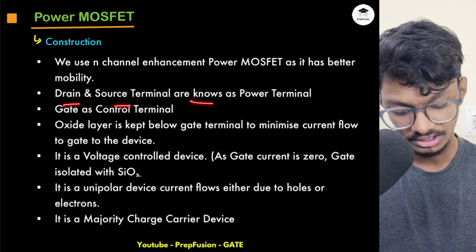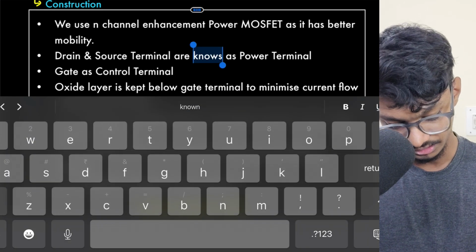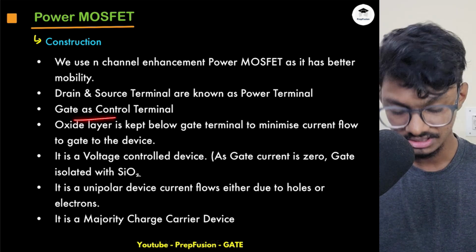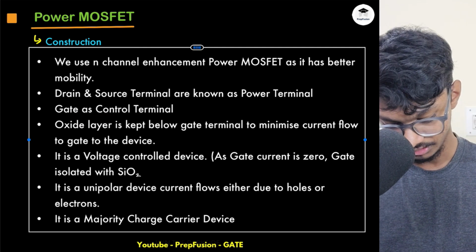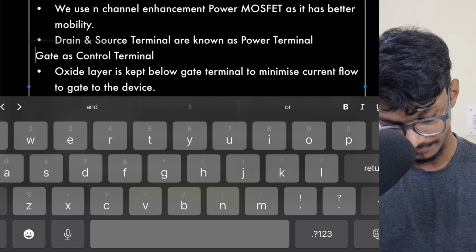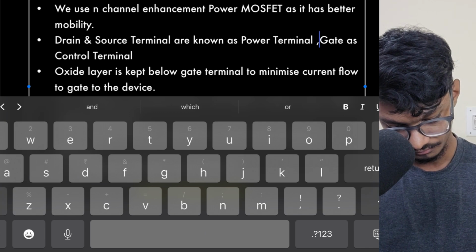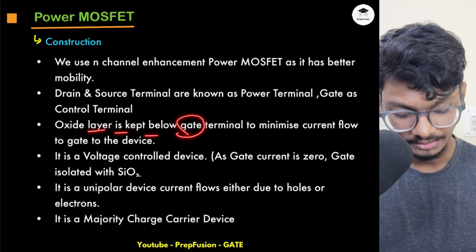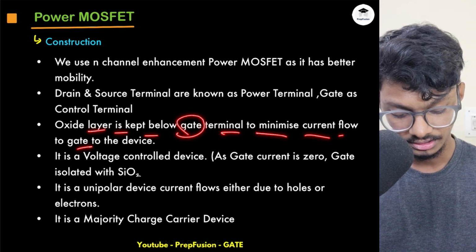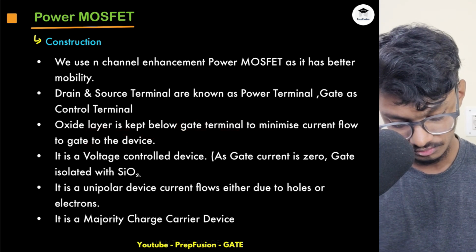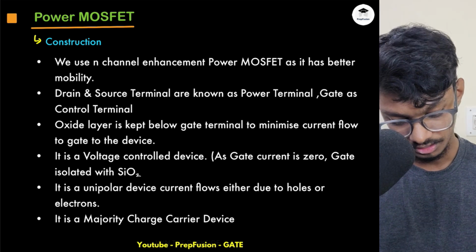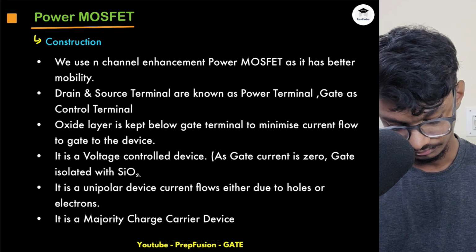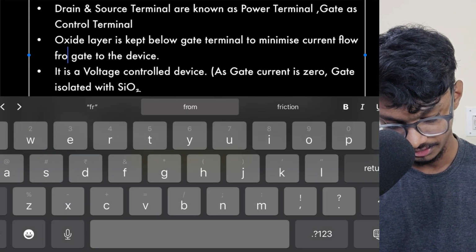Drain and source terminals are known as power terminals. Gate is the control terminal. Now, an oxide layer is kept below the gate terminal to minimize current flow from the gate terminal to the device.